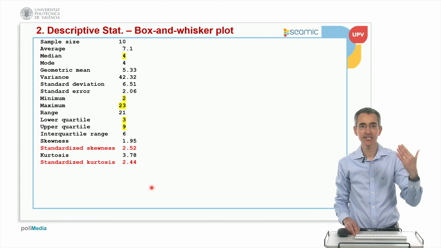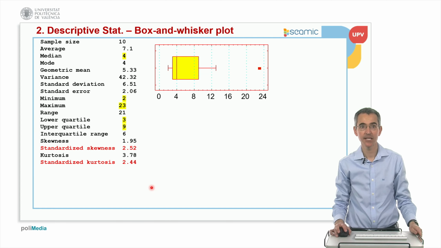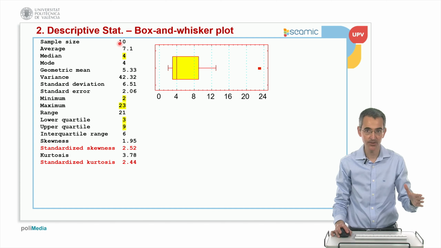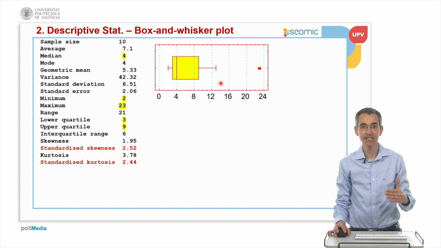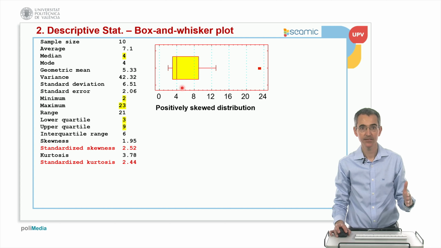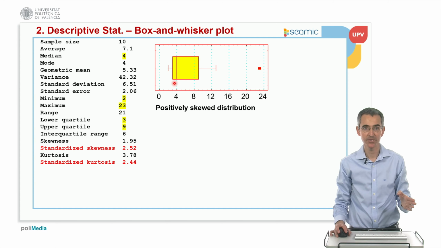This is a different example. In this case, I have just 10 values, which again is a small sample size, but the shape of the box and whisker is very different. The box is obtained using the same criteria.